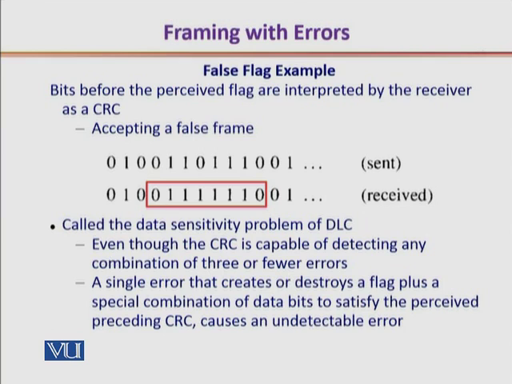What we understand is, even though the CRC is capable of detecting any combination of errors, for instance, if the CRC can detect 3 or fewer bits in error, a single error that converted the data part into a flag has either created or destroyed a flag and resulted in a special combination of data bits to satisfy the preceding CRC, because it has created an error that looks like flag bits.